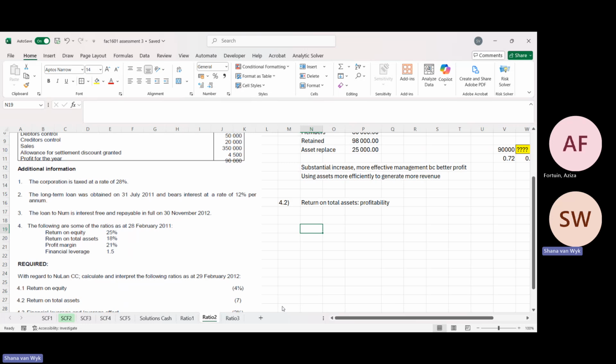So for this one, return on total assets: your profit before interest and tax, and then total assets.